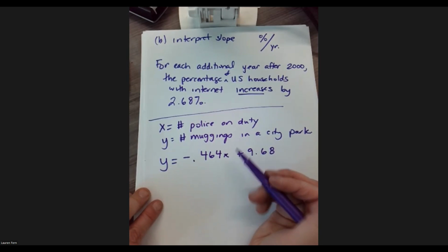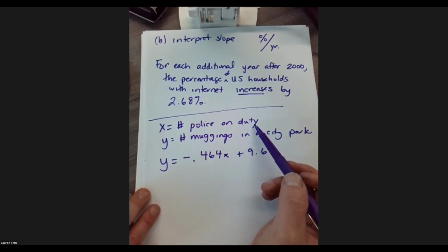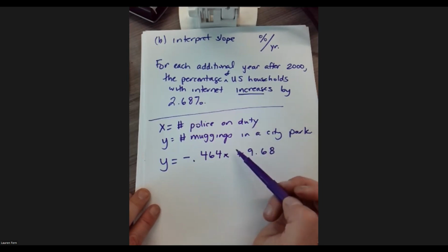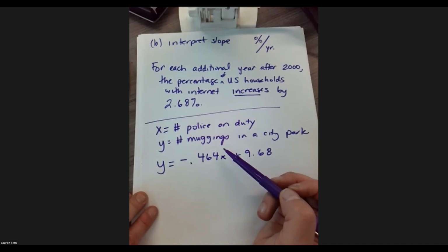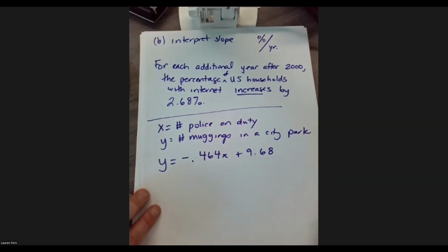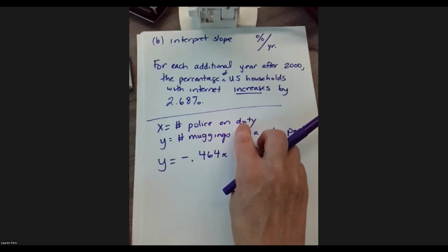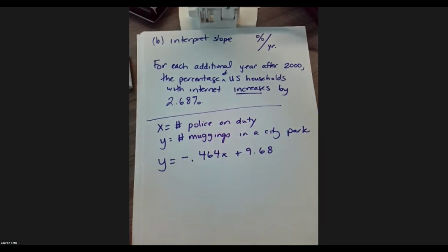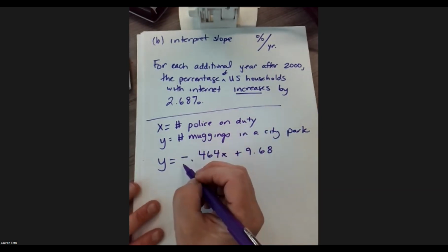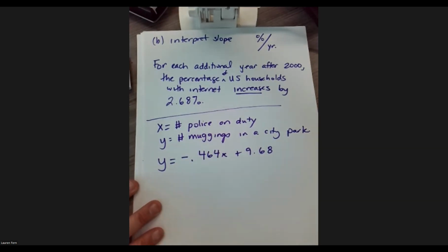So what we're claiming is that there's a legit relationship between the number of police on duty and the number of muggings that take place in the park. Now, one would hope that as we increase the number of police on duty, the number of muggings decrease, and I claim we'll see that because we have a negative slope.